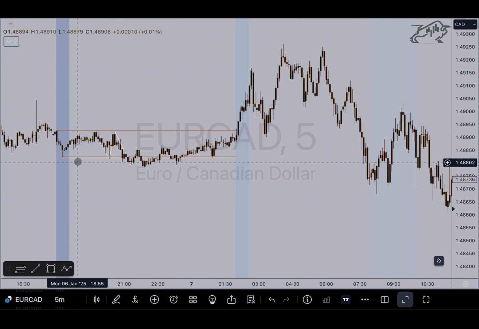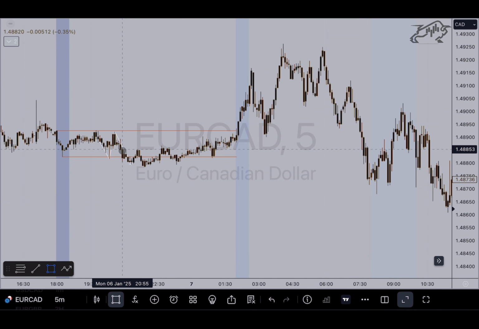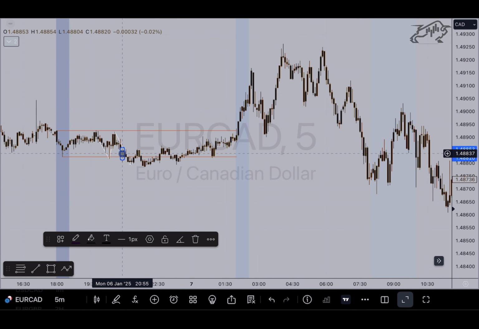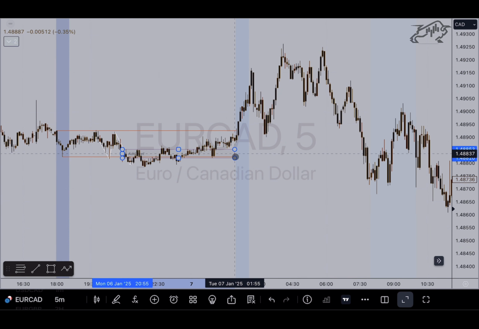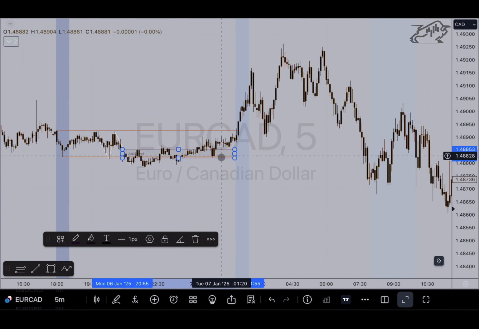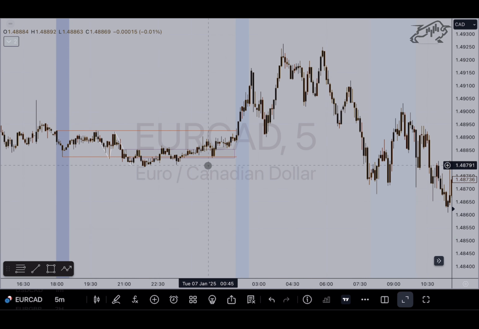Okay, so now, inside of our pattern, you guys, we can see that we have the pendulum forming, and we also have the low broken right here. So this is very important. This is the candle that we need, you guys. So we're just going to select that and draw that out also to our session open right here.